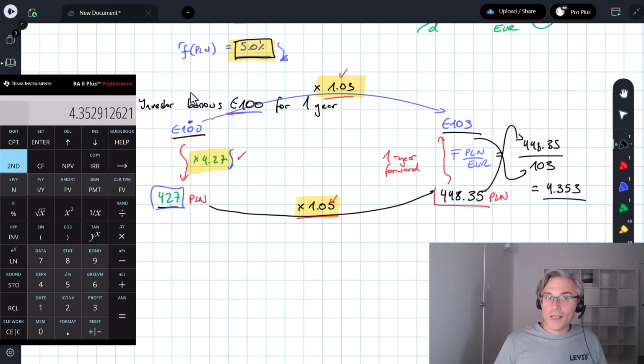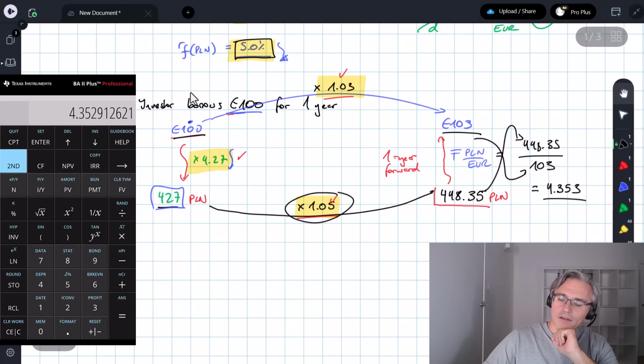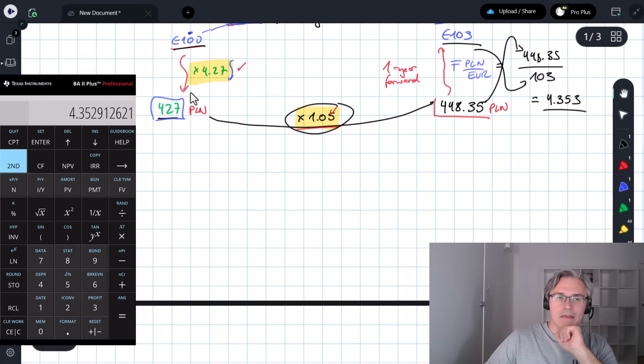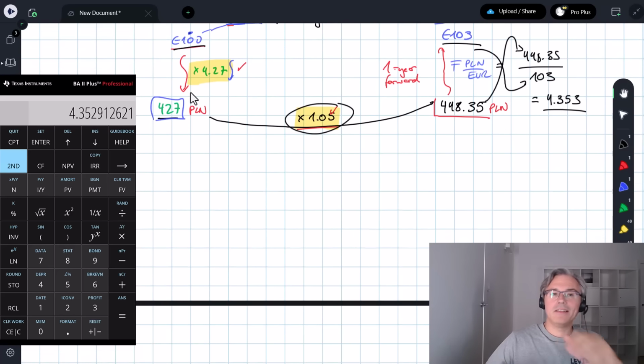Now, that's the problem with forward markets. If you try to lock everything in, including the rate which you'll use for the comeback, all the magic of investing at the higher rate in a higher rate currency is going to be eaten away.